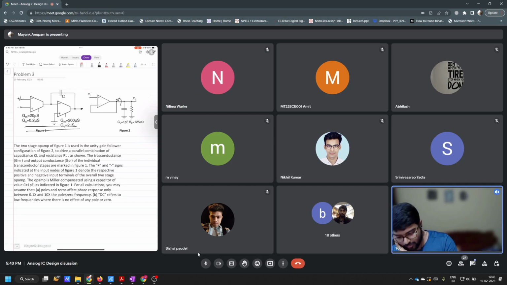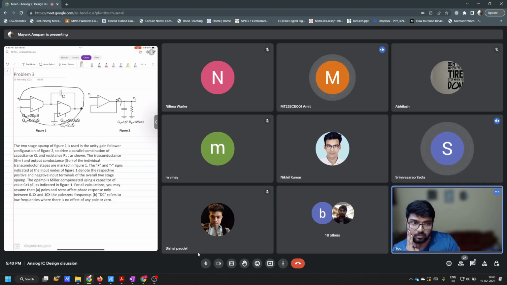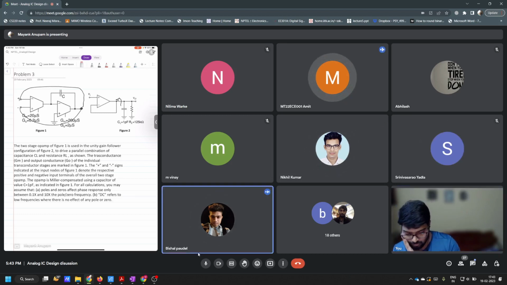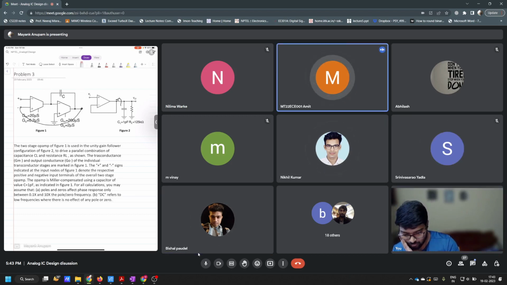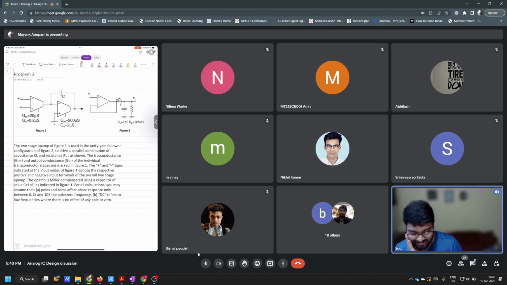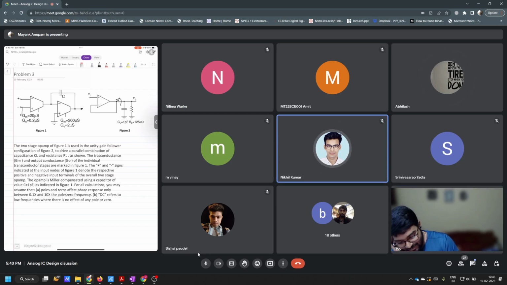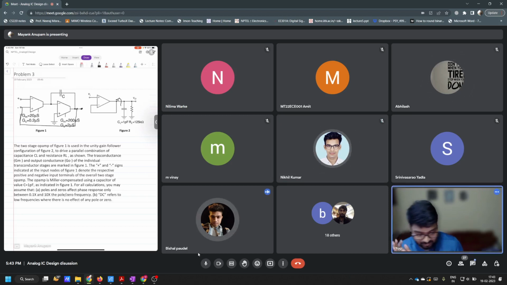I mean, whether I should connect this or whether I should connect this. Which should I connect? Below one. Correct. There was a plus and minus sign given here. But you understand, right? How do we do that? Yes, sir, correct.